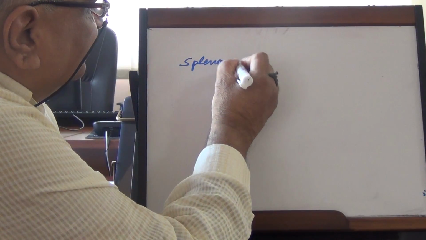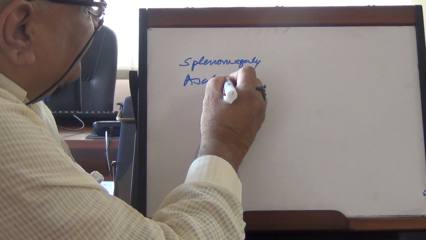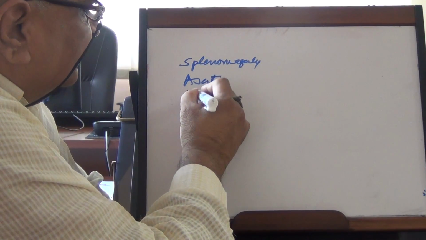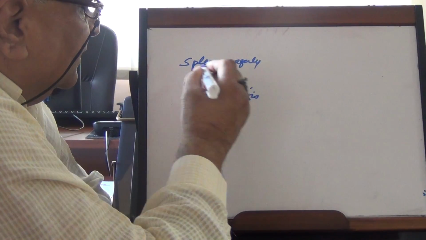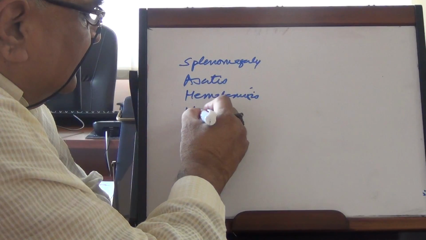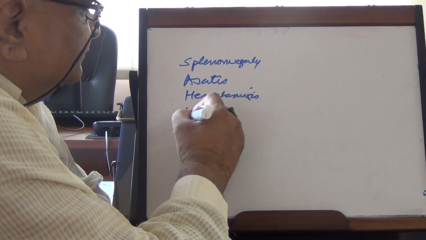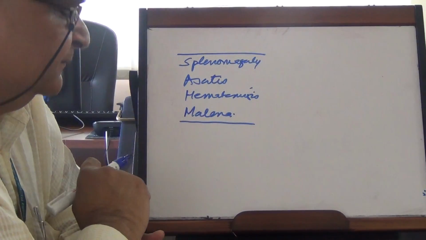Splenomegaly, because of back pressure, ascites, hematemesis through the portal vein, esophageal varices, and melena are because of cirrhosis and portal pressure.